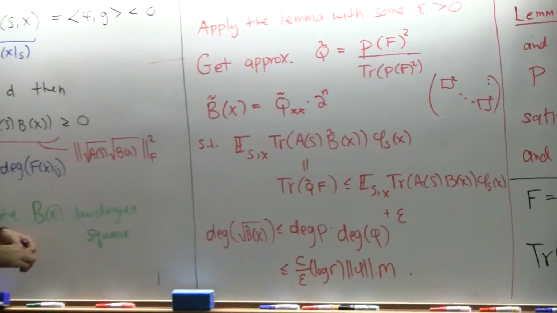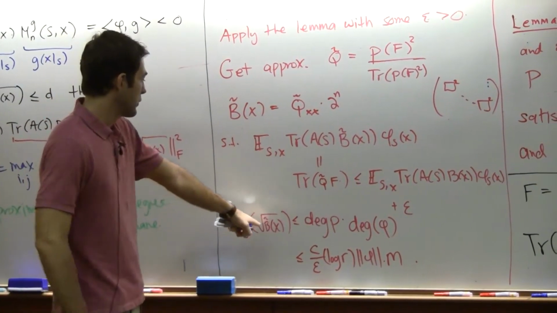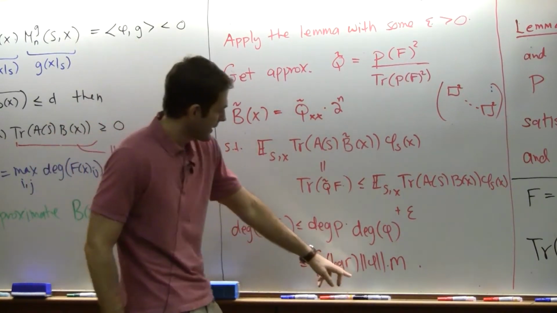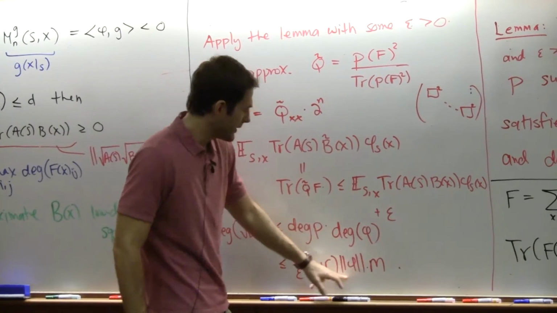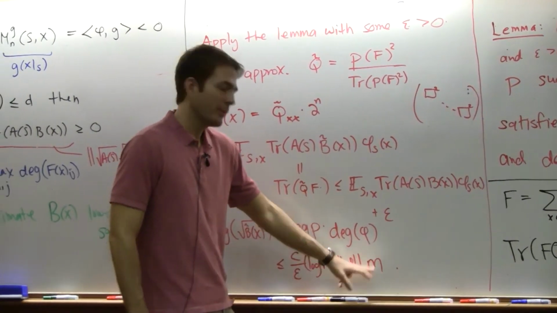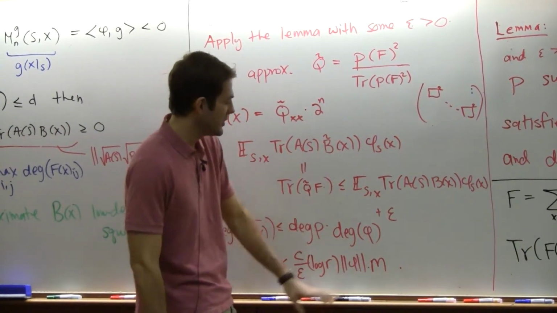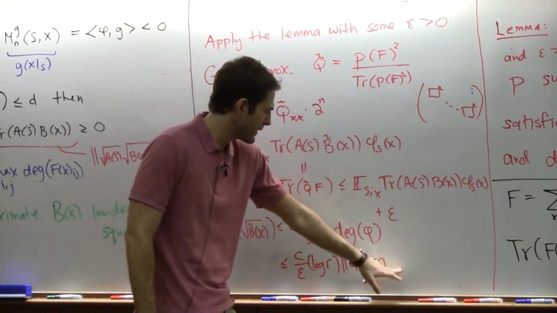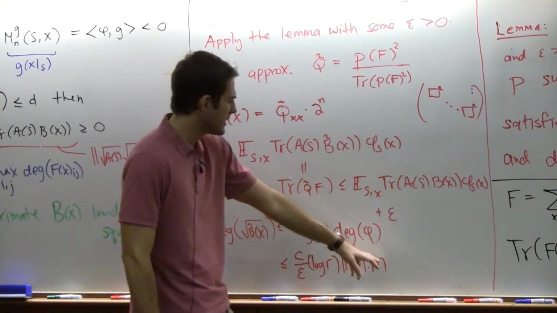So we get a bound on the degree of the square root of this approximator. The important thing to remember here is that this is all just a constant depending on G. If we're allowing ourselves to lose constants depending on G, then m is a constant depending on G.